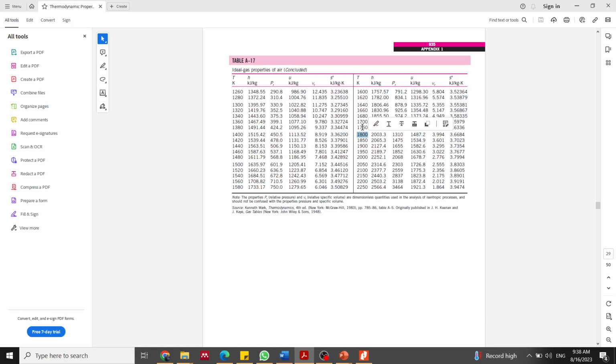So our value should be in between these. Therefore we are extracting the values from this line as well as the values from this line.